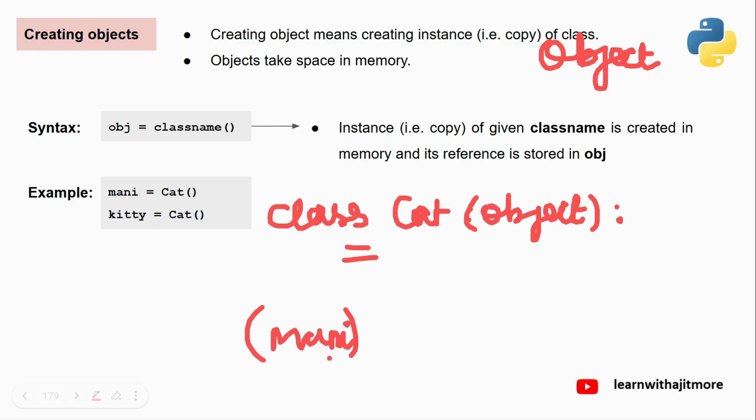It will first search in the cat class, but the cat class is empty. So an error doesn't come. It goes to its parent, and from the parent it gives the call. So that method, double underscore str double underscore, if it is not in your class, it will surely be present in which class?